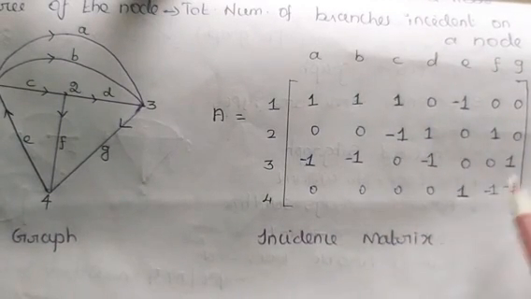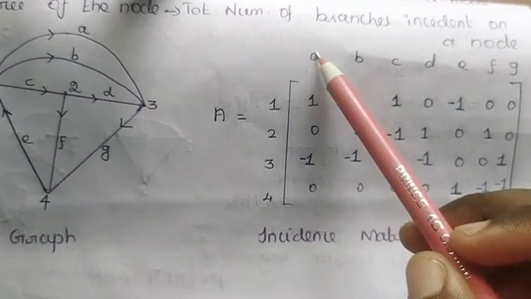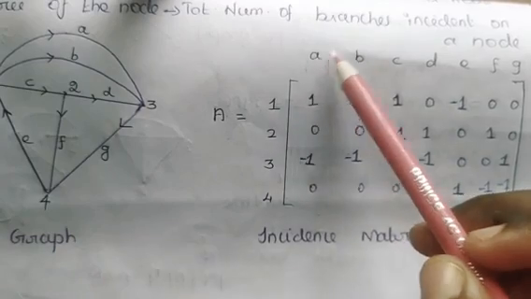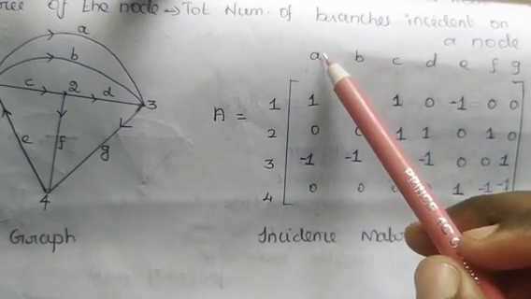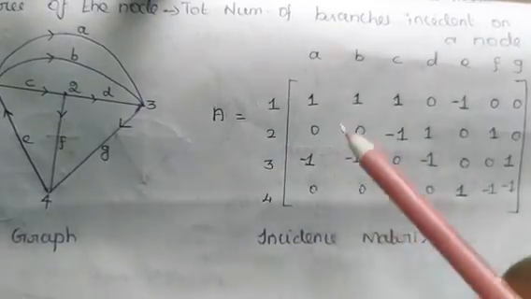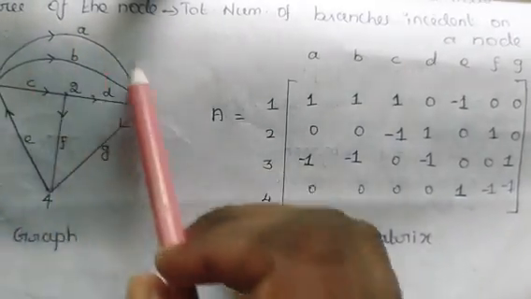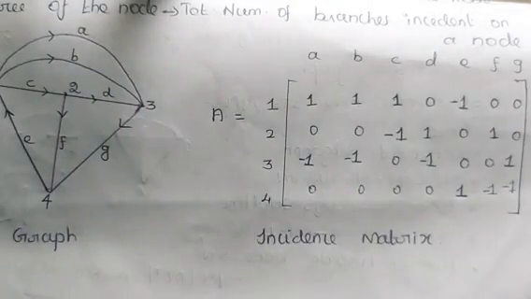All the other elements will be 0. When I am considering the first column A, which corresponds to the branch A, the nodes between which it is connected are 1 and 3. So 1 and 3 are the connecting nodes of branch A.